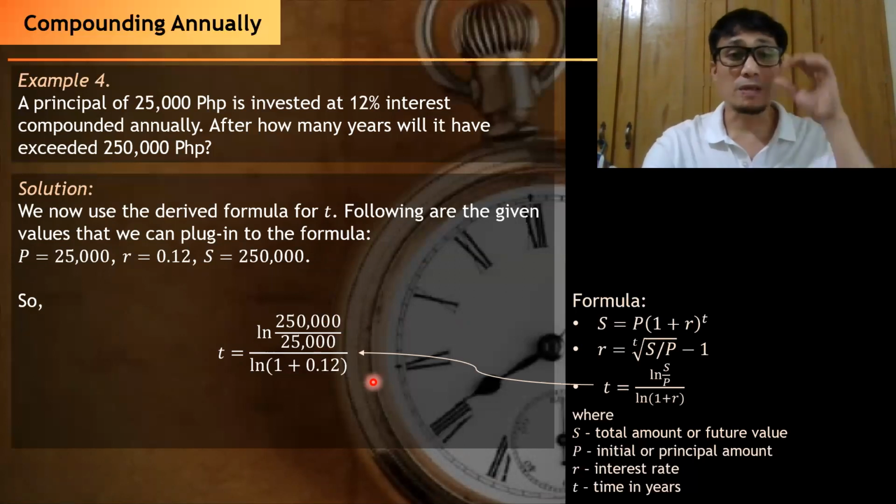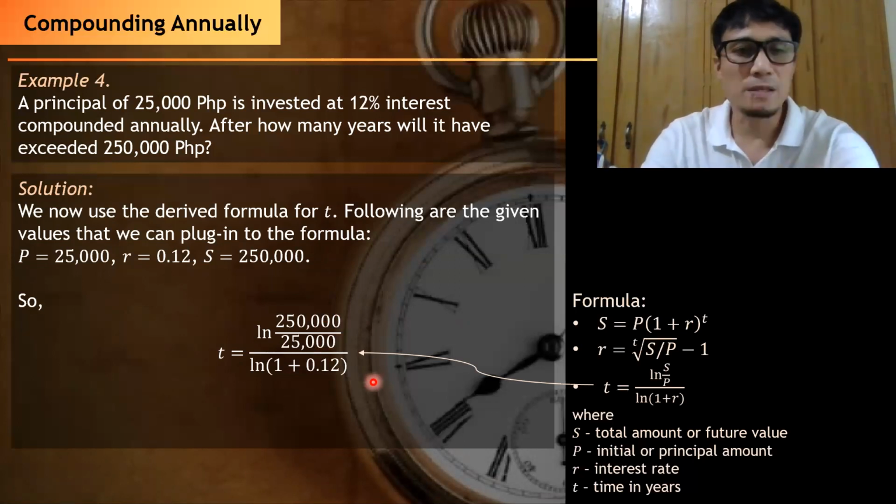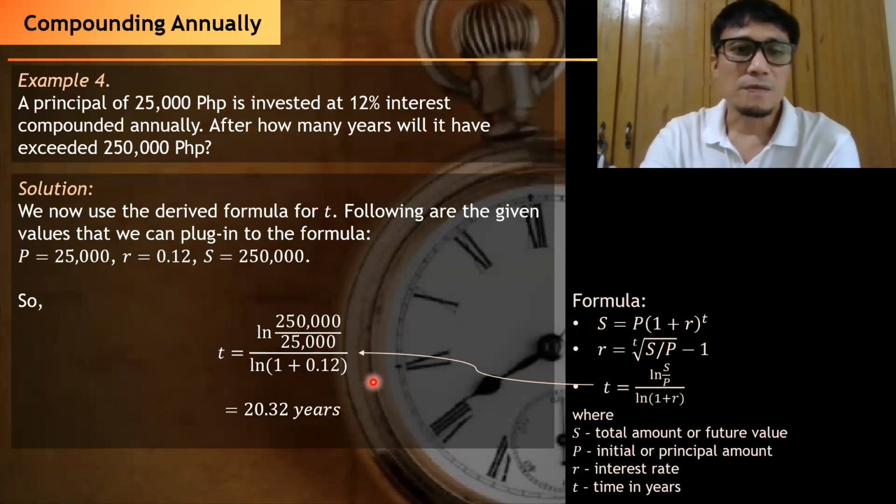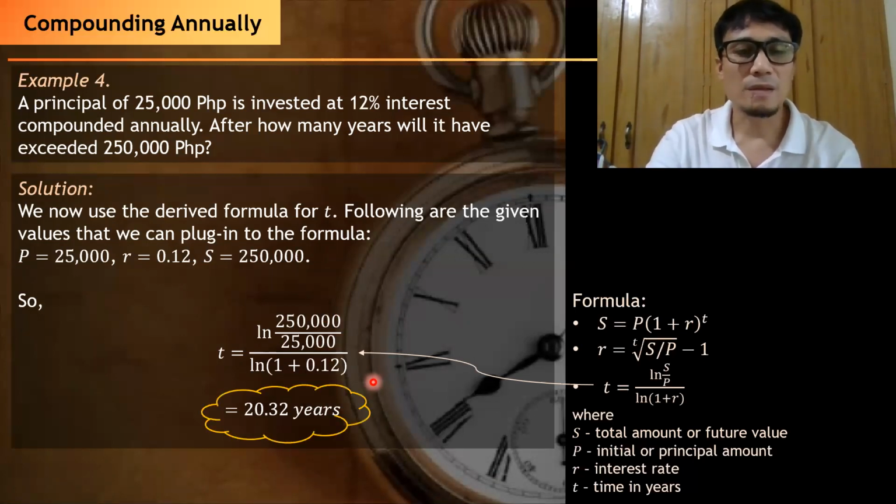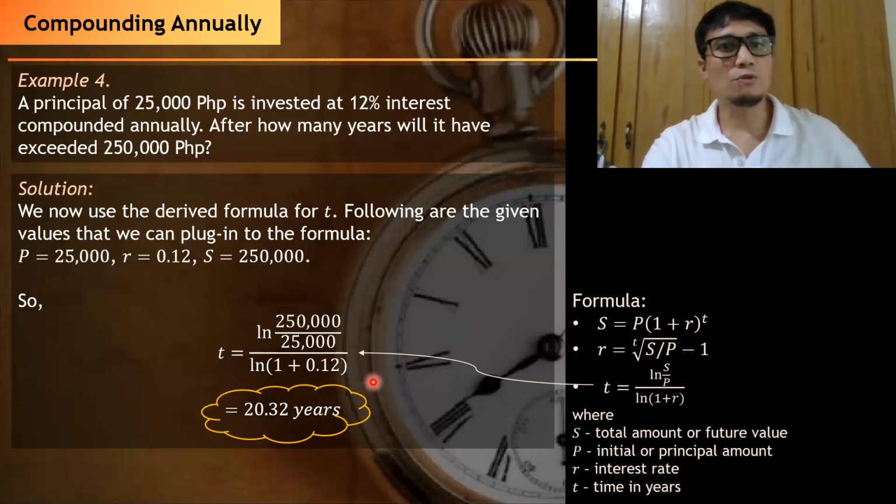Then we can compute this easily using a scientific calculator, and it will give us 20.32 years, or approximately 20 years. So that's how to determine the time when the rest of the quantities are given.